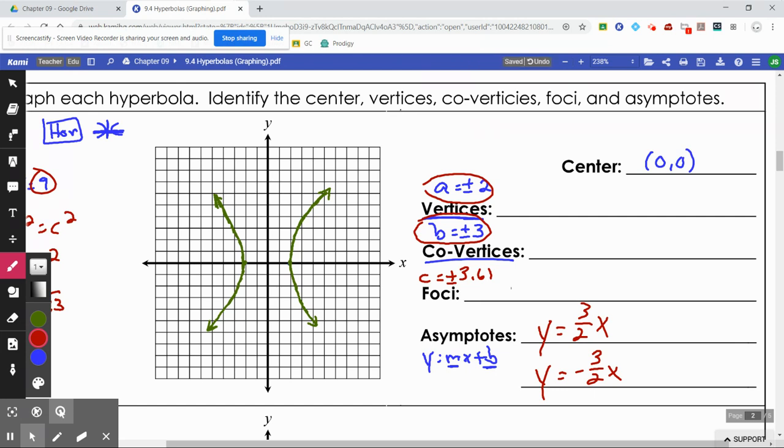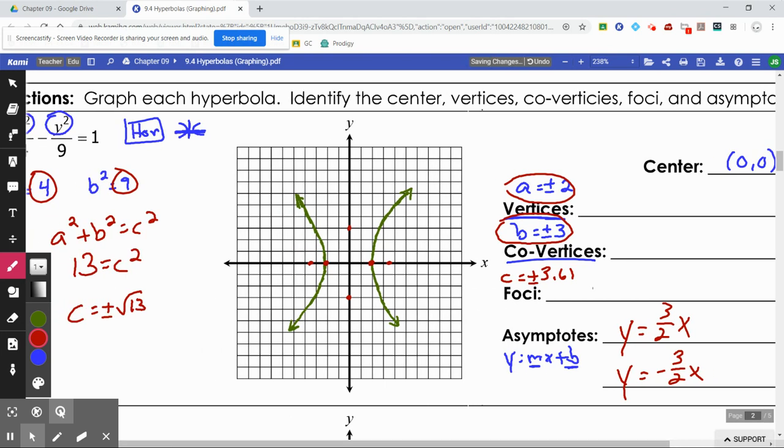So therefore, we've not listed our vertices, co-vertices, we've not listed anything here, so let me go back and list those for you. These were our vertices, our co-vertices. We went up 3 and down 3. And then our foci from the center are going to be 1, 2, 3.61, which are right and left, somewhere there and there.